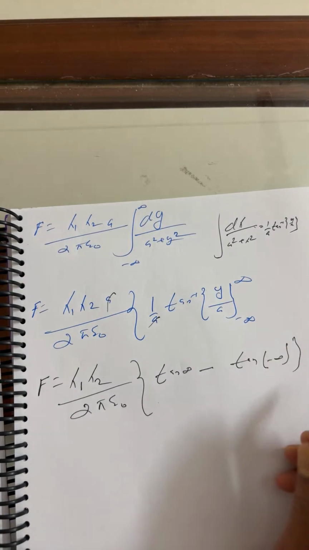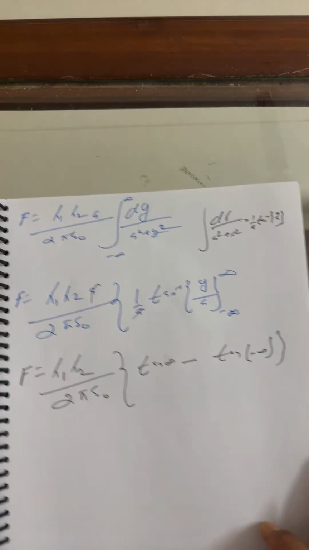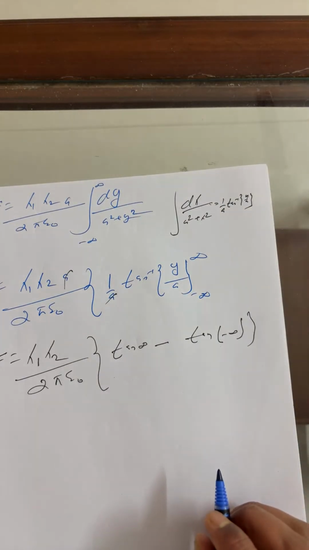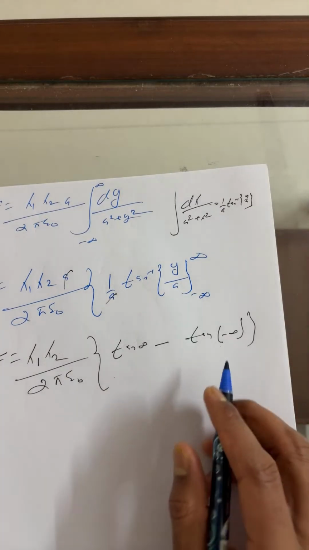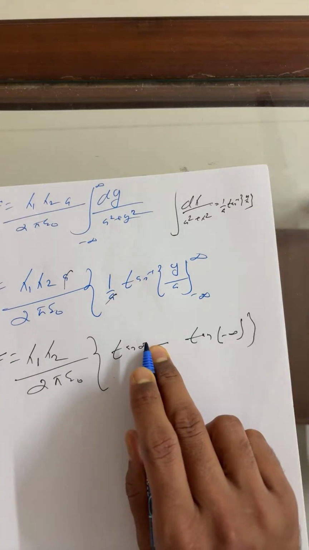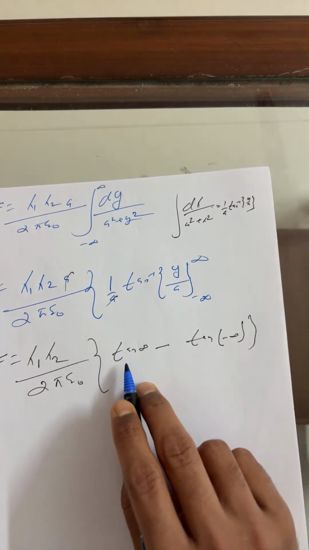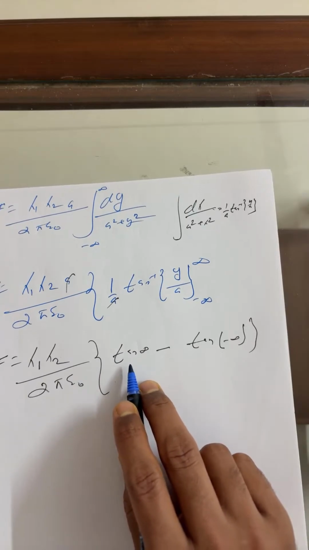I hope you remember, in the classroom, my dear, I said the minus-minus concept. What is the meaning of that concept? This will come outside here, so minus minus gets plus. So tan infinity, we can say, is 90 degrees.